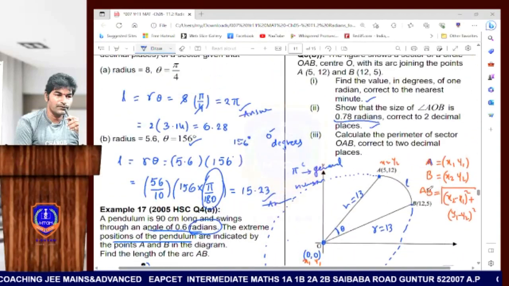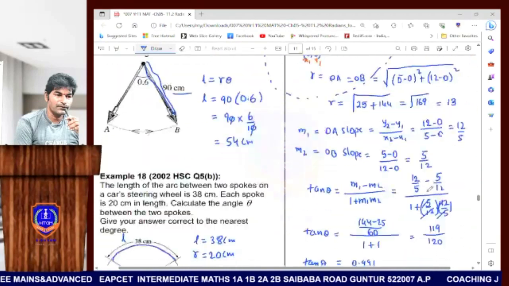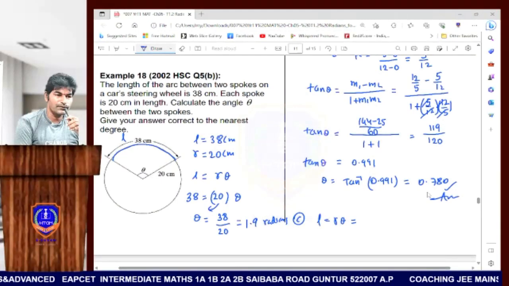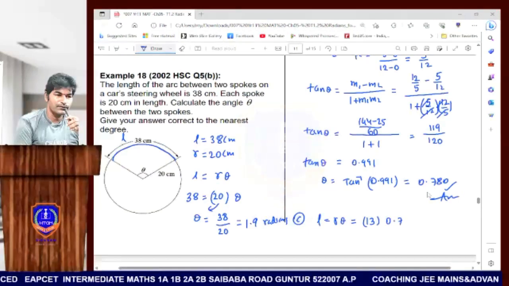The third one is calculate the perimeter of the sector OAB correct to 2 decimal places. Perimeter is nothing but L. So L equal to R theta. R is 13 and theta we got 0.78.